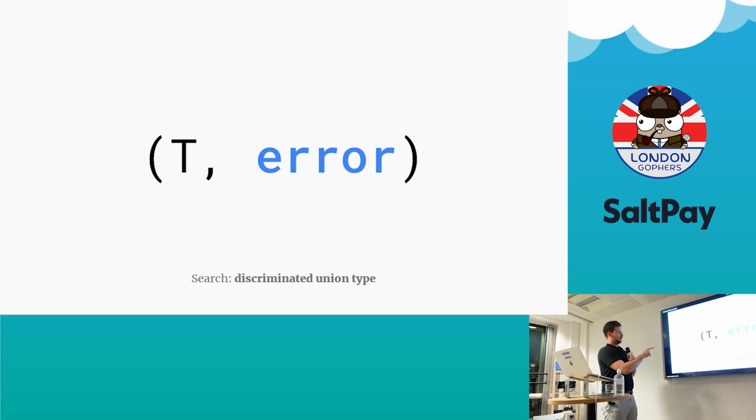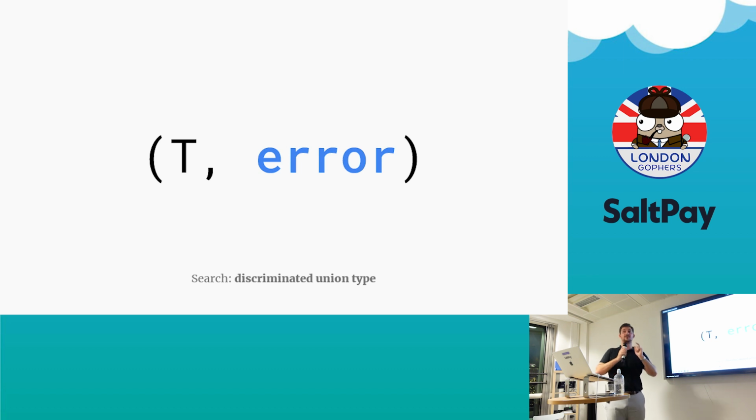Okay. One trick that we can use is discriminating on the tuple, which is a common pattern in Go. I think all of you recognize it. We have one value that is the OK value, like let's say the post and the response, and the error value. What is this type? Is this a sum type or a product type? Anyone? Product type, exactly. So the state space of this type is the multiplication of the number of possible values of T by the number of possible errors. Now that's a lot.